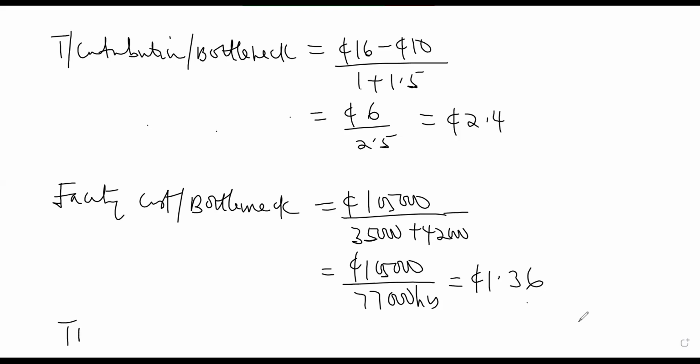Yes, the return is higher. So we have 2.4 divided by 1.36. What are you getting? If you are calculating the throughput accounting ratio and your answer is more than 1, or is 1, if it is 1 then you have to consider. But if it is more than 1, they should go ahead to produce the product.